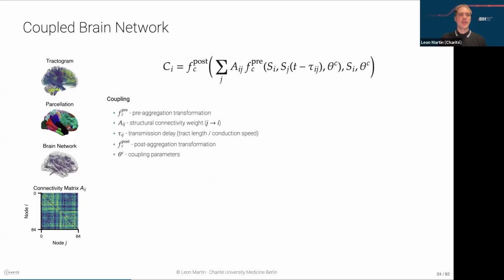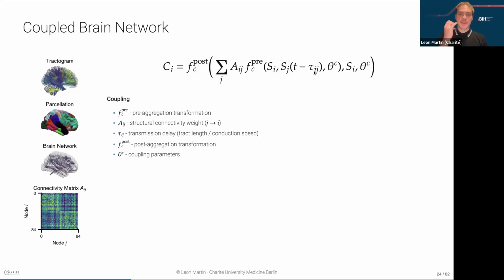So to sum it up, we now have also the tractogram, parcellation, brain network, and connectivity matrix A. And the coupling function C, which is just a function of presynaptic and postsynaptic activity, like processes, and the connectivity matrix as the hardwire. So we have the states as input of the presynaptic, of the current node we have a look at, and all the distant nodes, all the proxy nodes.